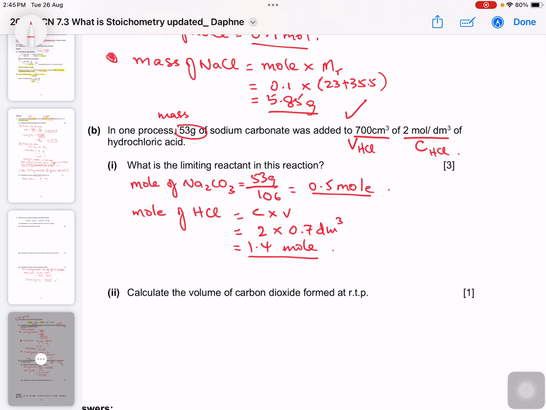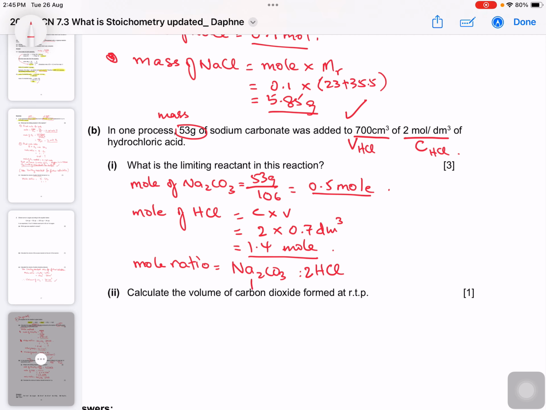What is the limiting? So now you have to take the mole ratio. Mole ratio, Na2CO3 is to HCl, and from the equation, it'll be 2 HCl.